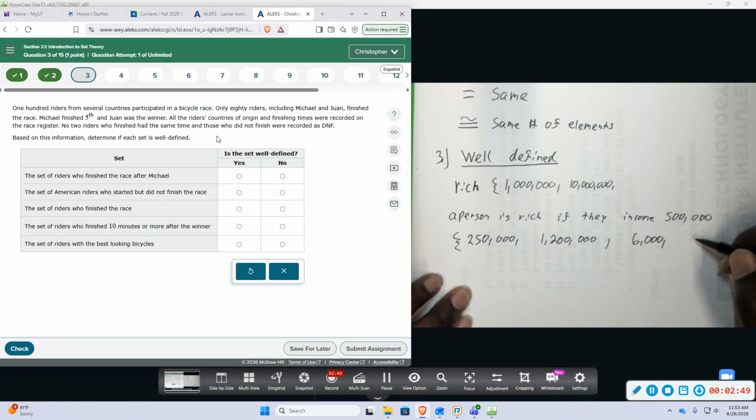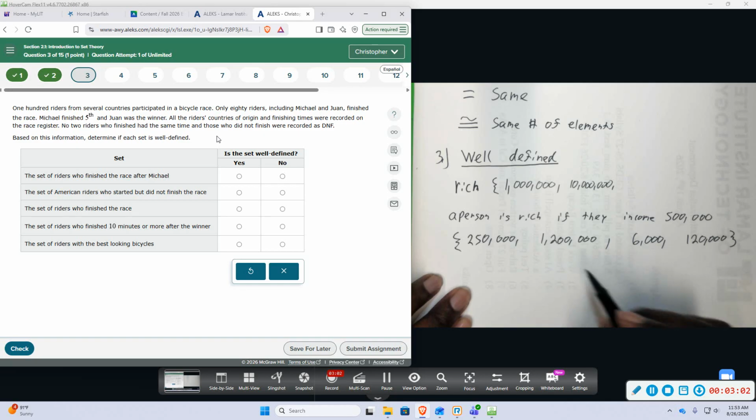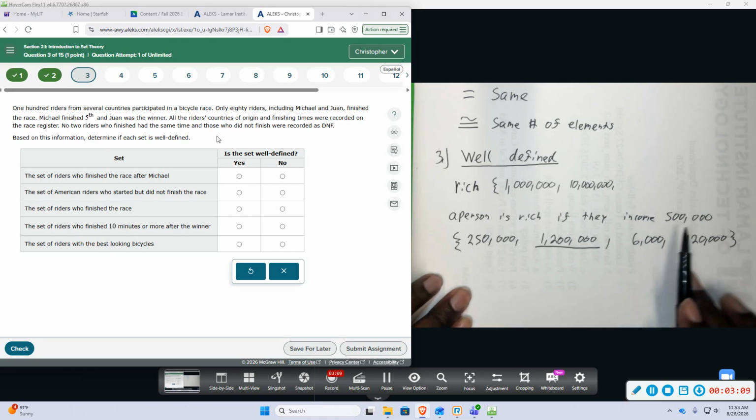And then let's give one more. All right, so of this list of numbers, there would be one person that meets the criteria of rich. That would be this person that makes 1,200,000. 250,000 is not.